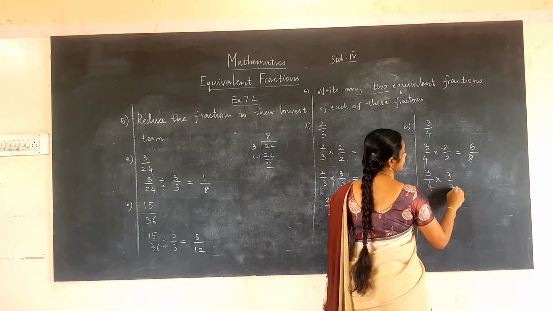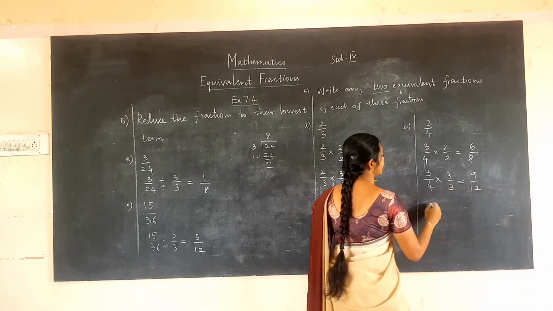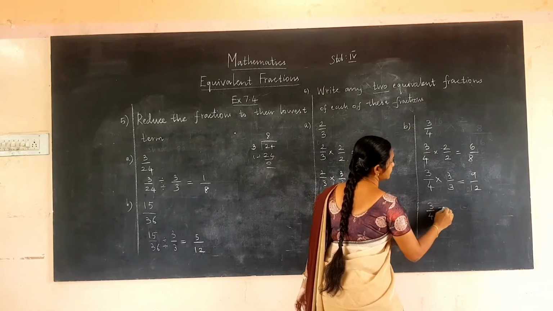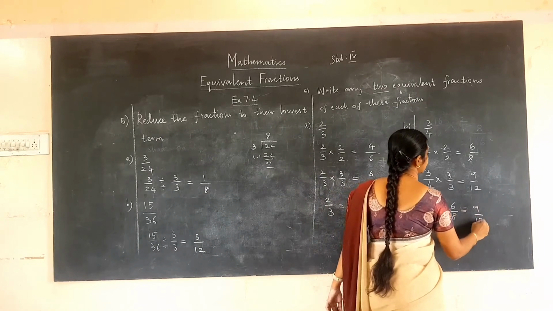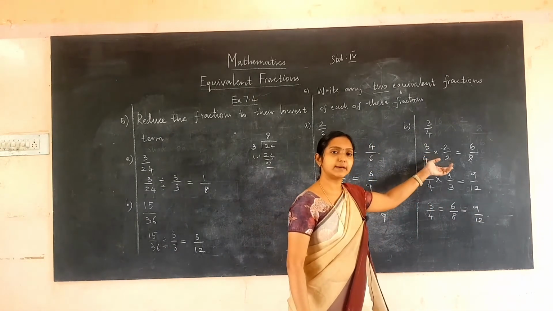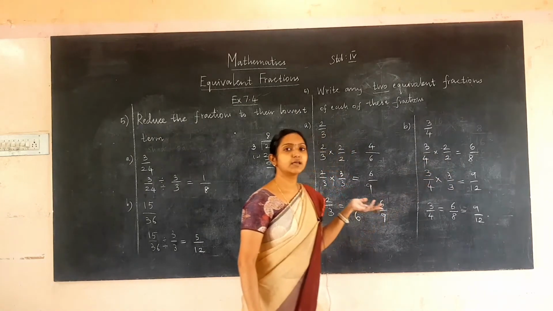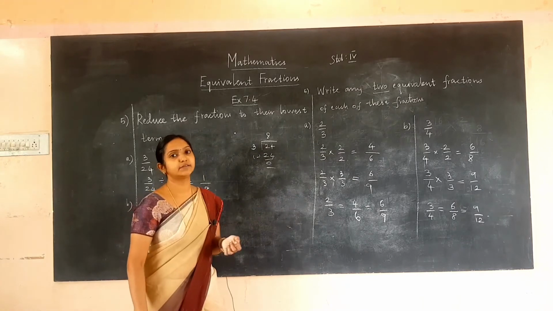Again multiply it by 3. 3 into 3 is 9, 4 into 3 is 12. So 3 by 4 is equal to 6 by 8, that is equal to 9 by 12. This is the equivalent fraction. We can multiply it with any other numbers, 4, 5, 6, 7, any numbers you can multiply. I have multiplied only with 2 and 3.